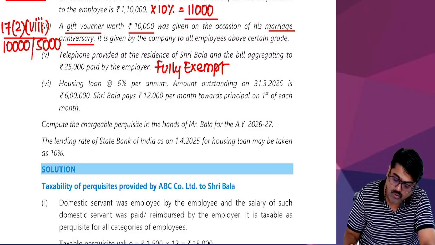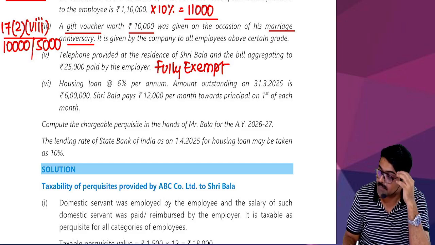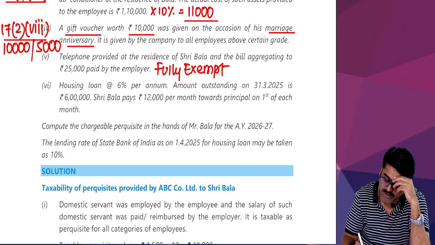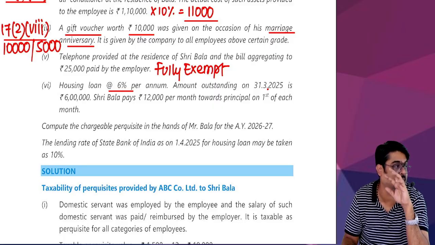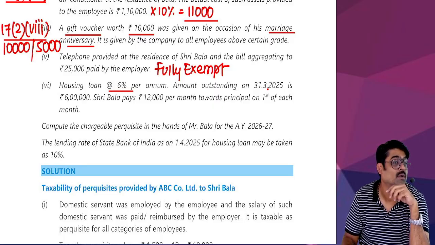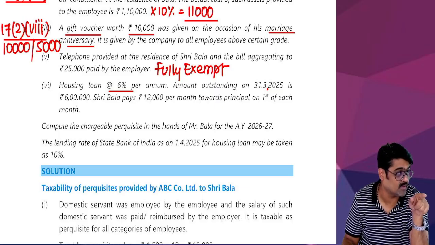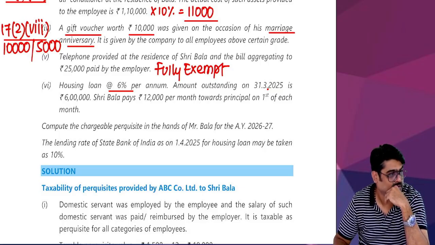Next one. Housing loan, 6% per annum. The employer is giving a housing loan at 6% per annum, so the actual rate charged by the employer is 6%. The amount outstanding as on 31st March 2025, meaning last year's closing balance, was 6 lakh, so this year's opening balance will be 6 lakh.